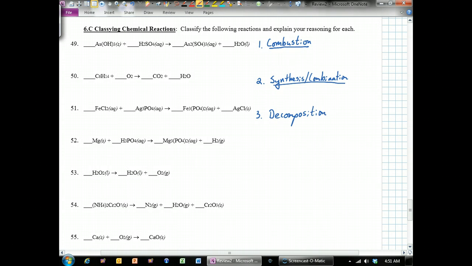So decomposition reactions. There's precipitation reactions, which also has a double displacement. And then there's acid-base, which is also a double displacement reaction.